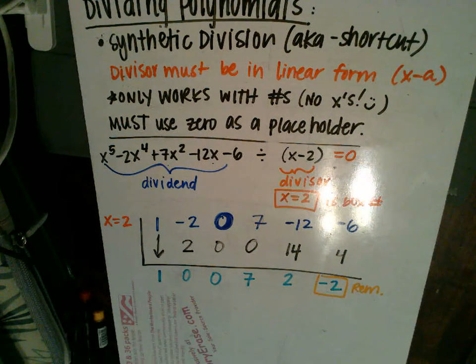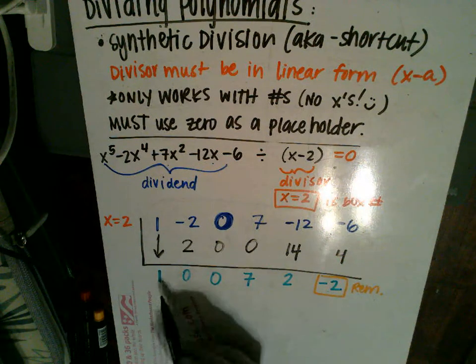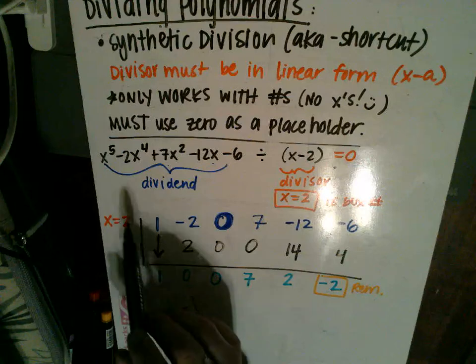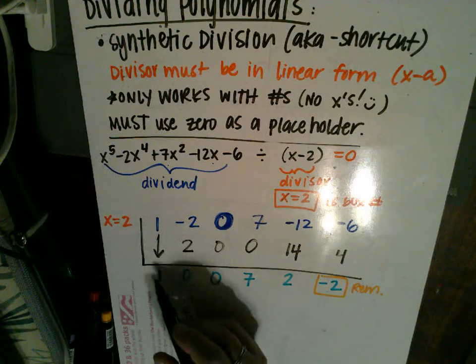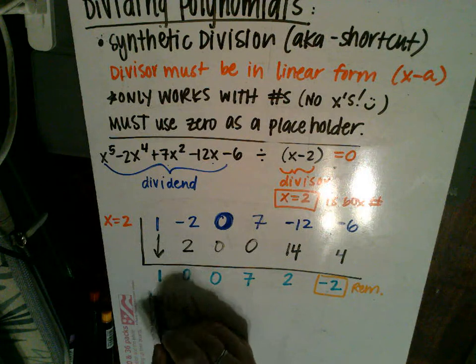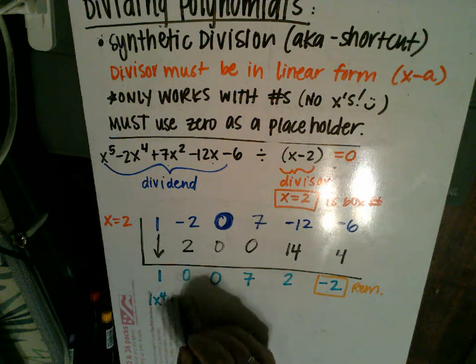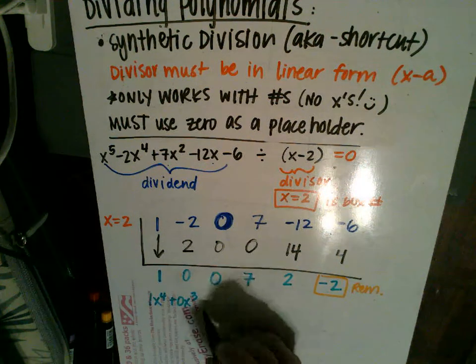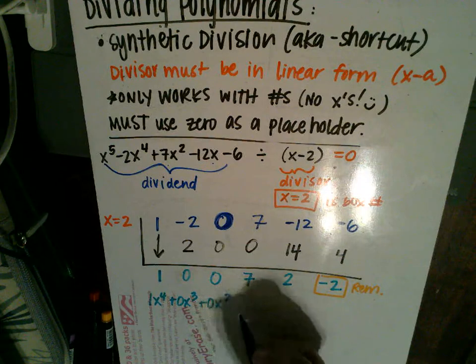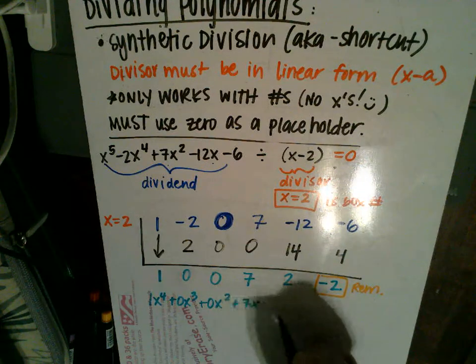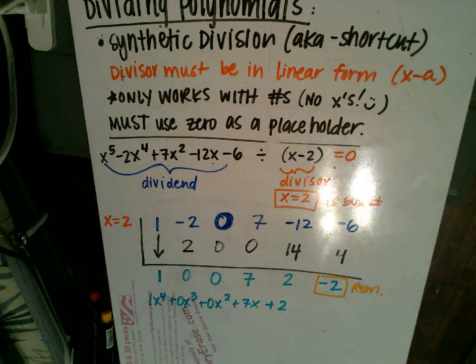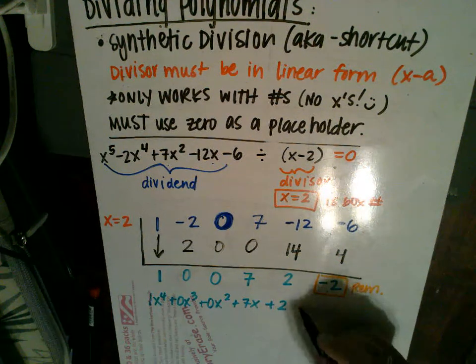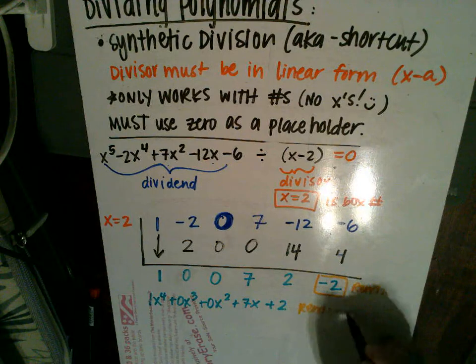And my quotient, since I divided by a linear term, will always be 1 degree less than my dividend. Since this was x to the 5th, this is going to be 1x to the 4th plus 0x to the 3rd plus 0x squared plus 7x plus 2 with a remainder of negative 2.